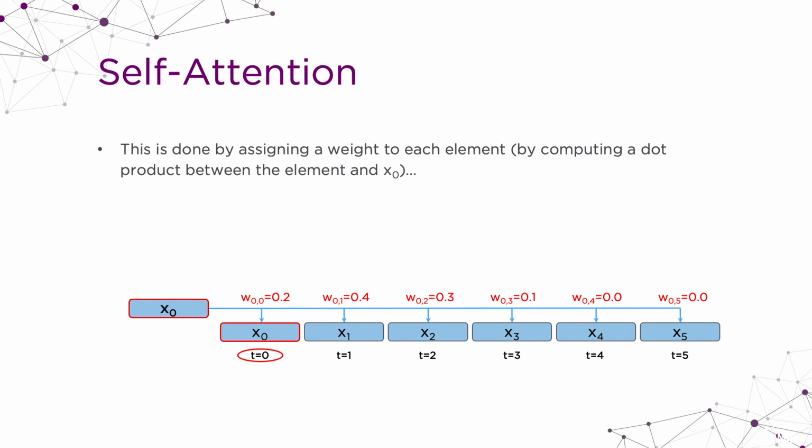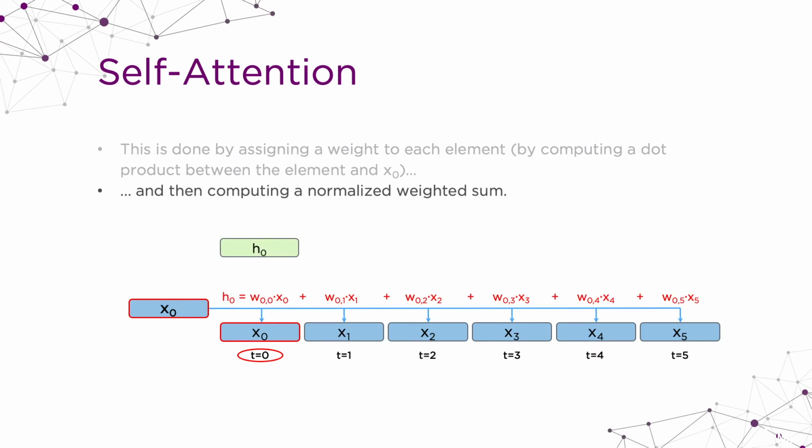This is exactly what we were doing with attention. At this point, where I have the weights, I will do exactly as before: a weighted sum, and the output of this weighted sum is my hidden state H0, the new encoded version of X0 that hopefully is also capturing the context from the other elements.